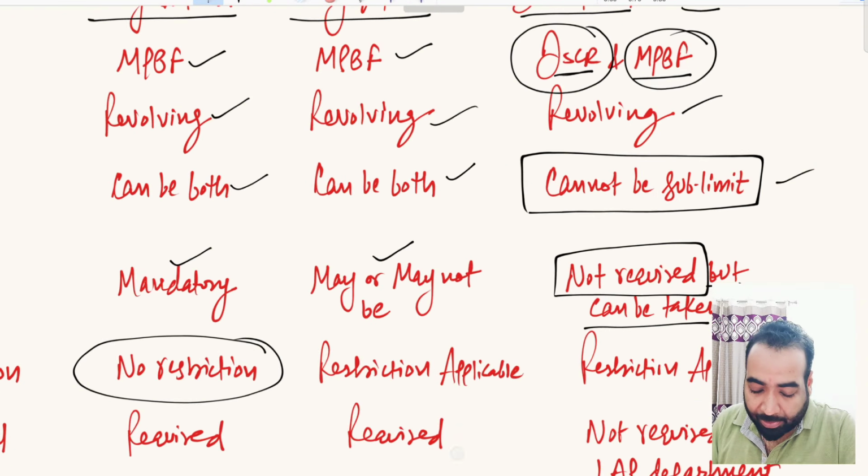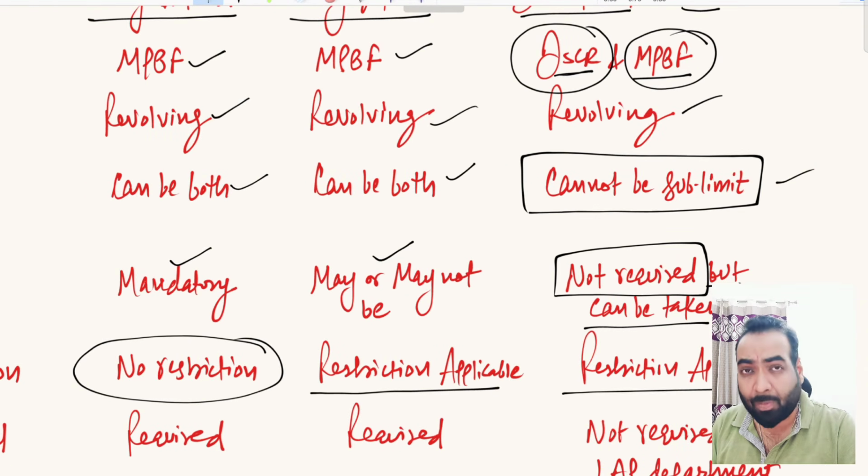But the restrictions are applicable in both drop line overdraft and overdraft facility. Usually some banks with the higher risk appetite have the policy to give maximum overdraft of up to 10 crore rupees. Some banks with lower risk appetite have the approval to give overdraft up to 5 crore rupees or 2 crore rupees or 1 crore rupees, or some bank may even have no risk appetite to give overdraft facility also.